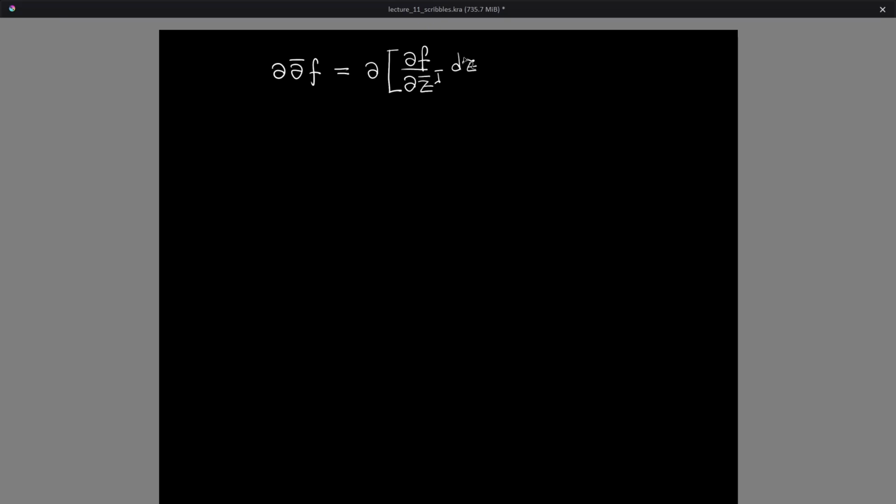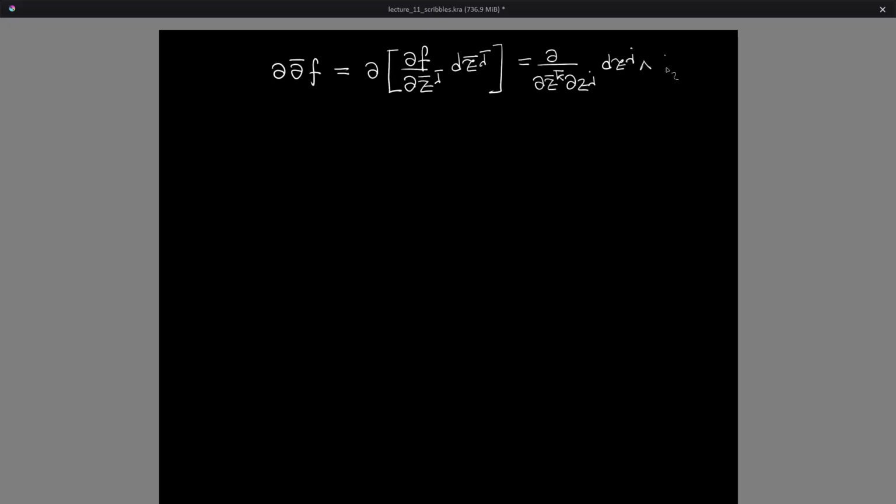D z bar zj, which is equal to, I think I'm using a different convention here. My apologies, the notes are written a lot of time apart. Anyway, it's that double bar notation that I'm using here, but this is the same thing. I'll have that fixed next time.